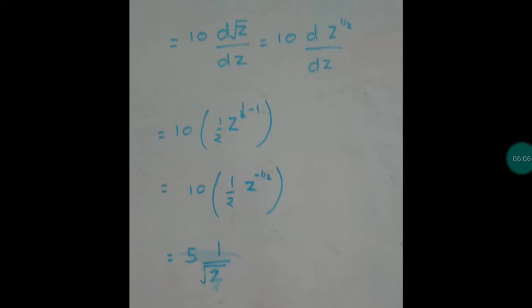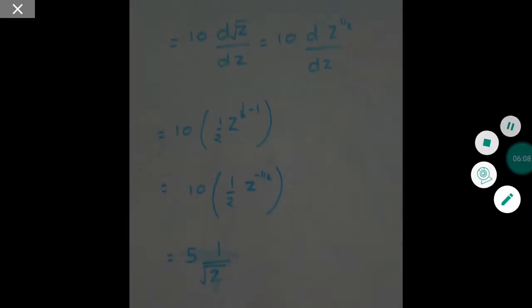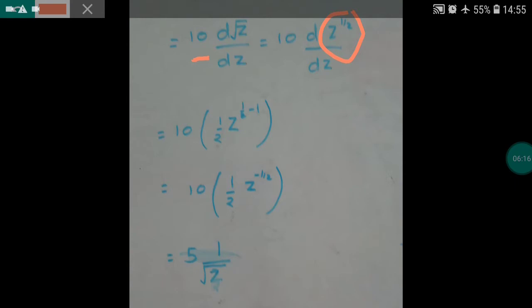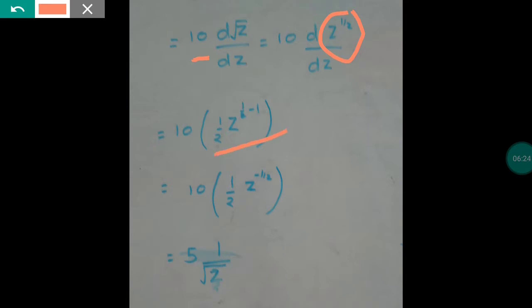See this 10. The 10 comes out, and d/dz of square root of z. Square root of z can be written as z to the power half. And then you know how to solve this. Half z to the power half minus 1. Half minus 1 is what? It is minus half.